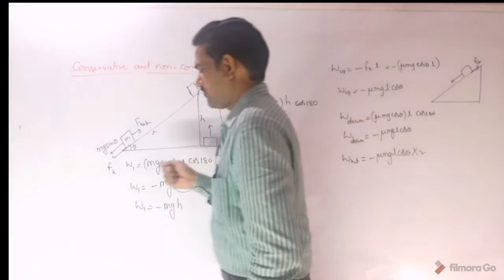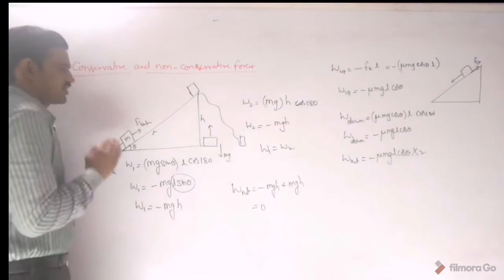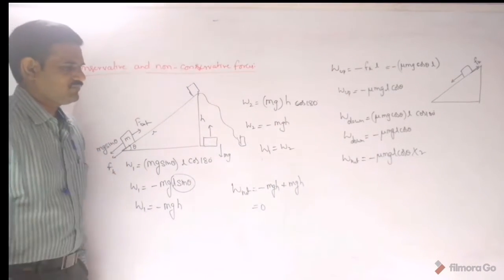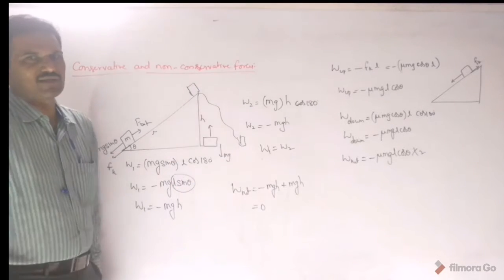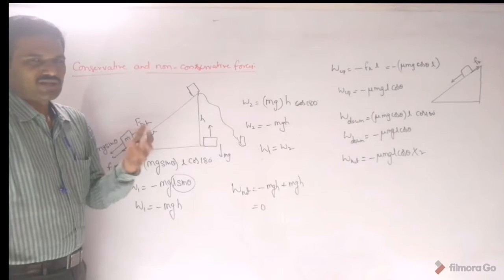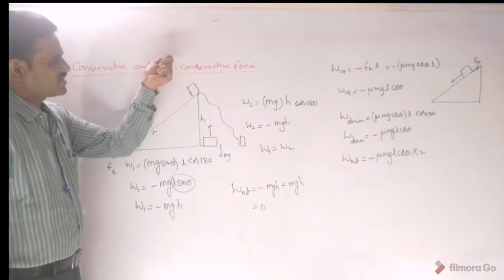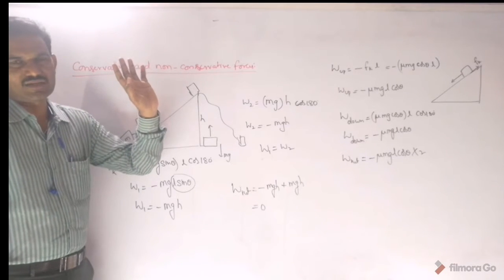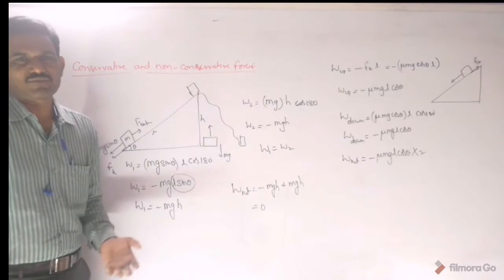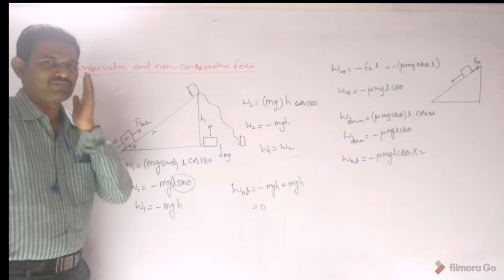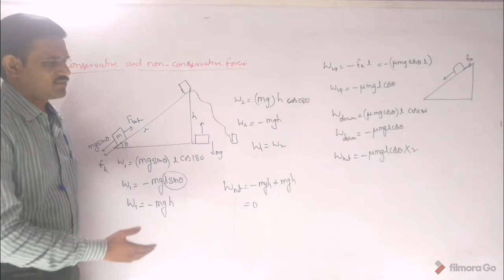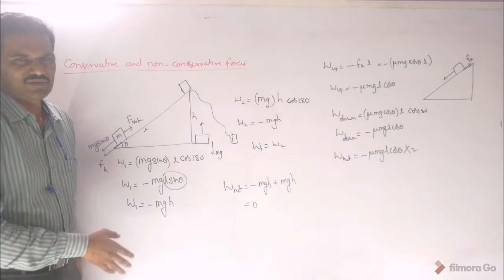And now finally mention about the work done by the gravitational force. Whenever gravitational force is there, this is a simple technique you need to follow. Whatever path it is following, consider how much vertically it is rising. With that you can directly substitute and calculate the work done by the gravitational force easily. Is it clear? I am not mentioning it as a special point, but you need to remember that.